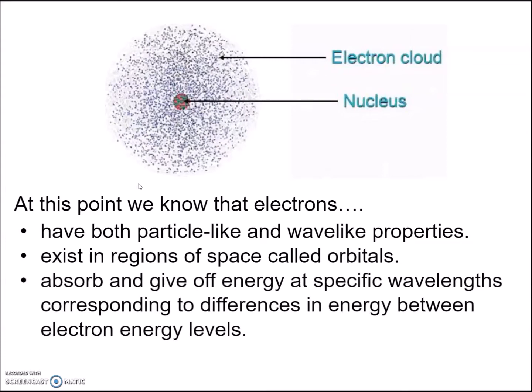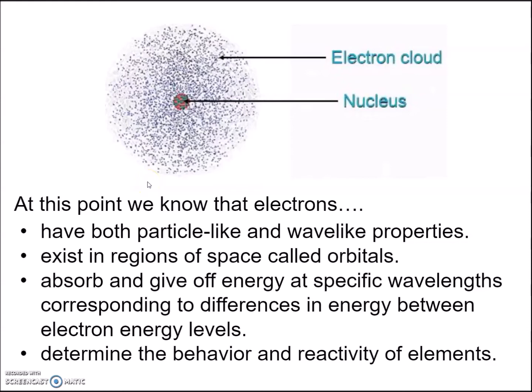We know from Max Planck that electrons in atoms absorb and give off energy only at specific wavelengths, not just any wavelength of light or electromagnetic radiation, but specific ones that correspond to the differences in energy between electron energy levels found within that atom.